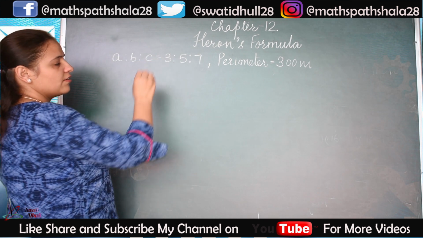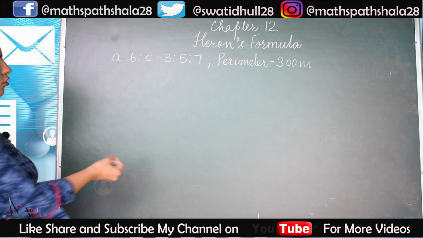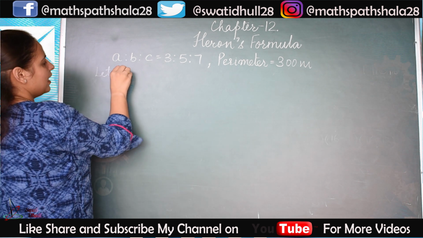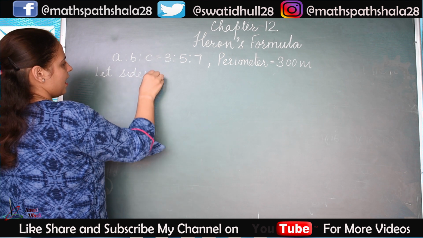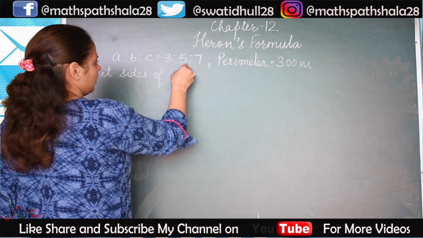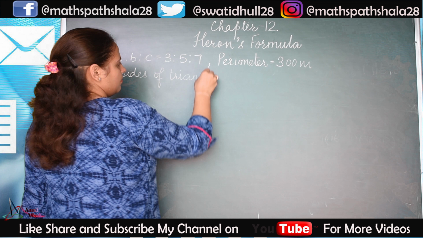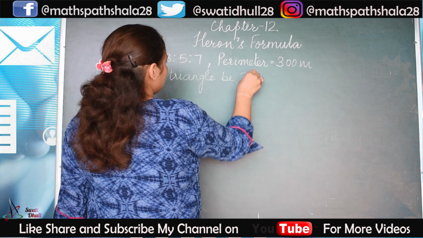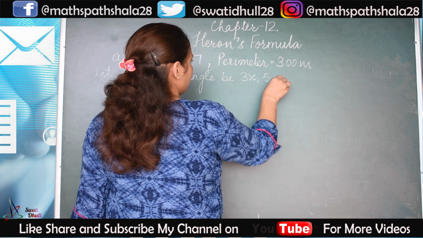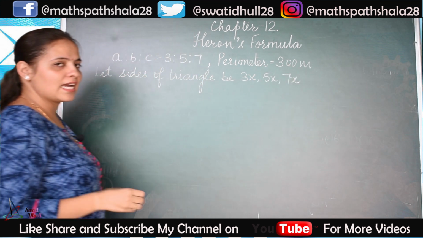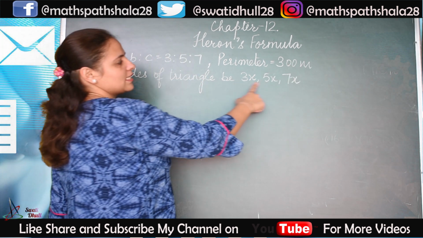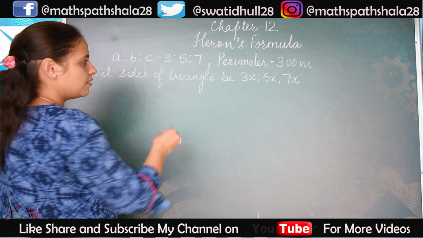So it is given the ratio of the sides. So first of all we have to consider, let the sides of triangle be 3x, 5x and 7x. Now you have got the sides. Now the sum of all the sides is equal to perimeter.